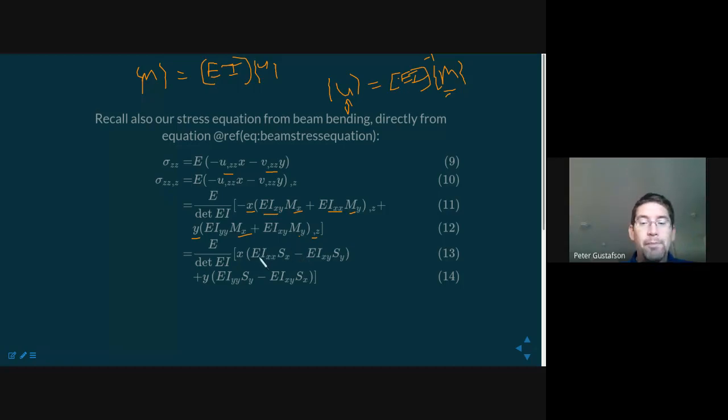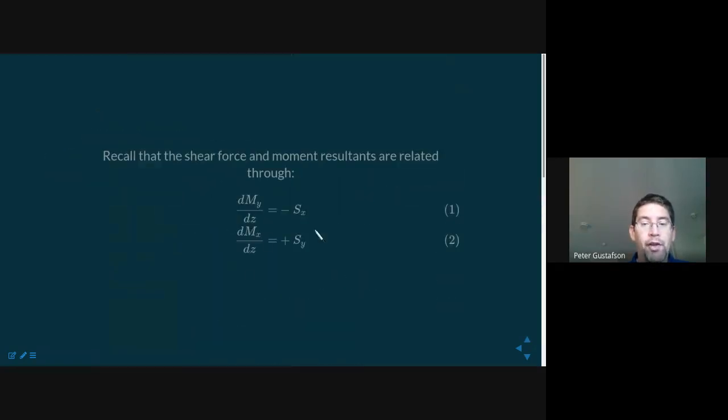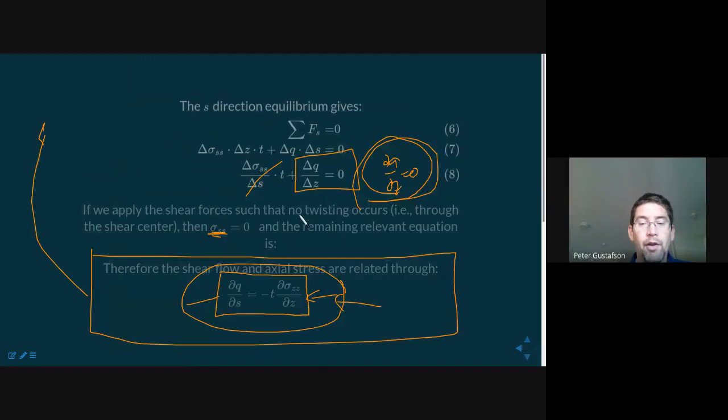And then last but not least, we propagate the derivatives in, and you remember, I hope, the relationship between moment and shear force. That's one that we've actually used just today, and forgive me for bouncing around a little bit. That is this equation: dMy dz is equal to the shear resultant with appropriate signs.